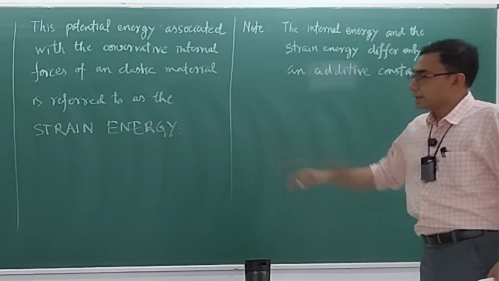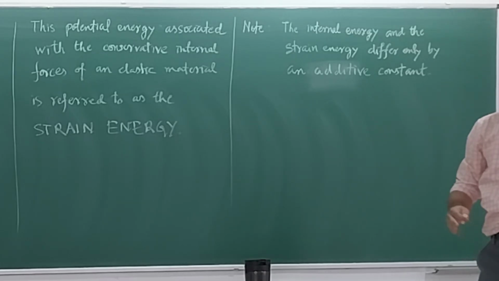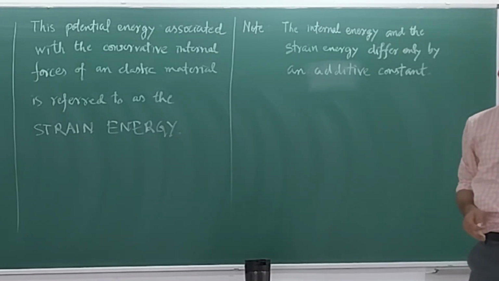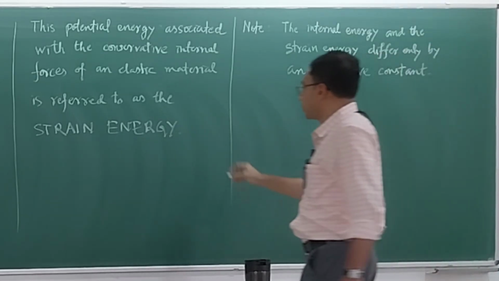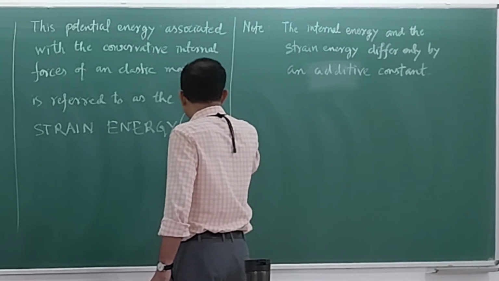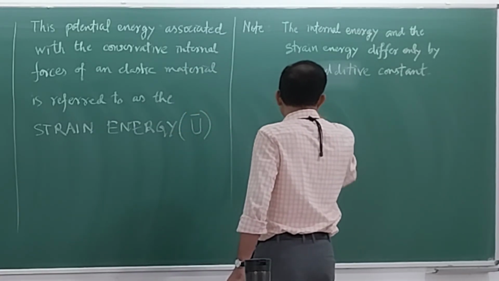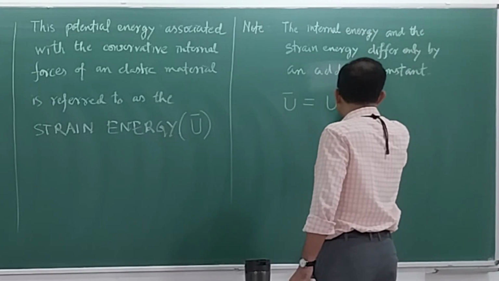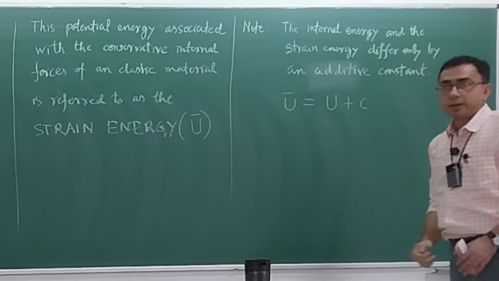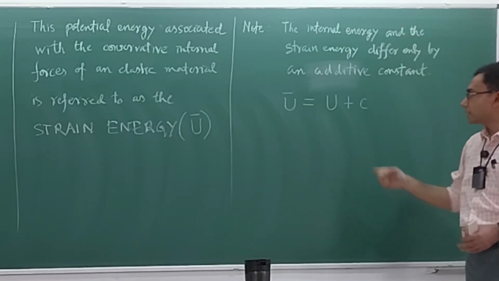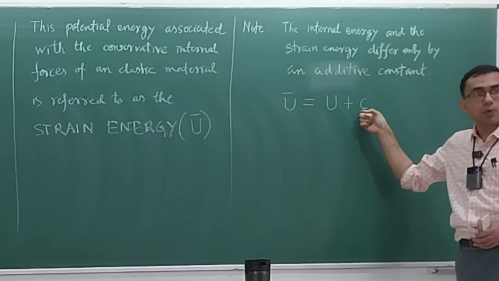So if we say that the strain energy is, let's say, U bar, and the internal energy is U, then U bar is just like U plus C. Please do not ask me to discuss what this is and how we can get into it.